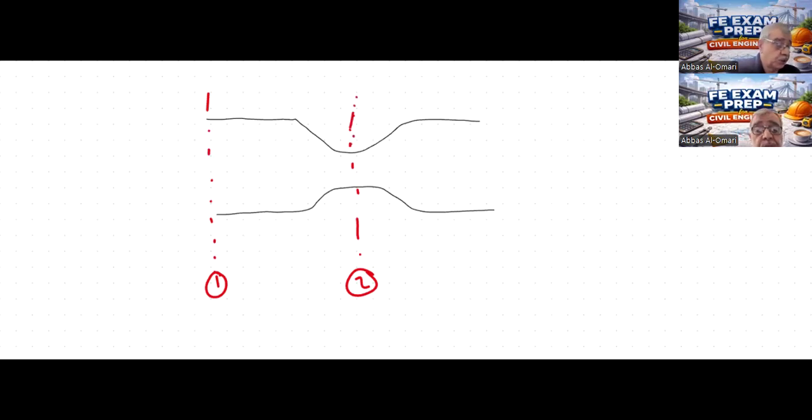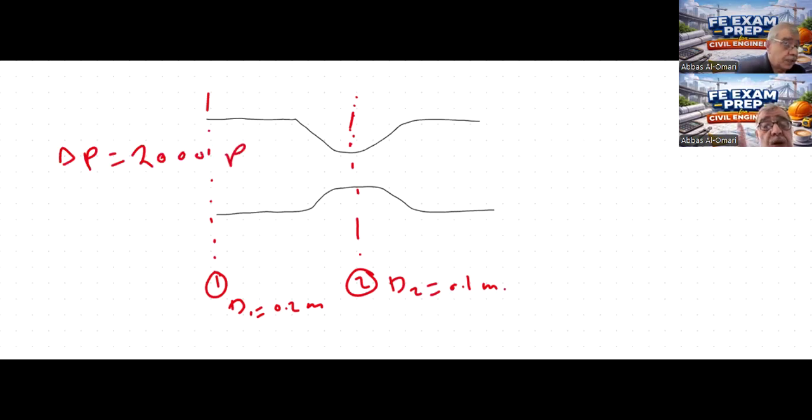In this problem, we know the diameter at section 1, D1 equals 0.2 meter, and we know the diameter at the throat, D2 equals 0.1 meter, and we know the pressure drop, delta P equals 2000 Pascal. So by knowing this information, we can determine the flow. To determine the flow, we simply apply the Bernoulli equation.